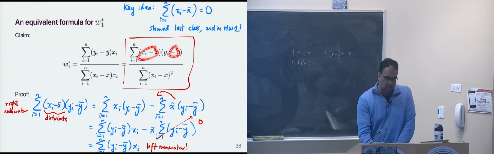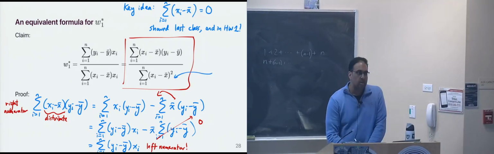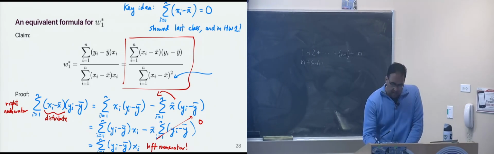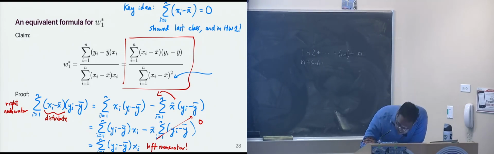And it looks like there's also a product of x and y in standard units here. The thing is, we're just missing the divided by standard deviation. What does the denominator resemble? Yeah, it's close to the variance of x. It's n times the variance of x.